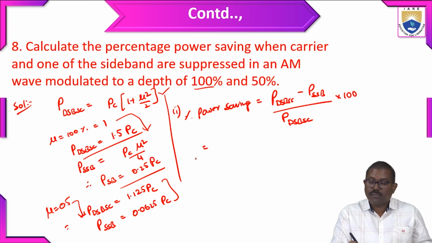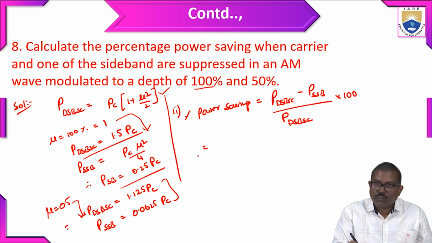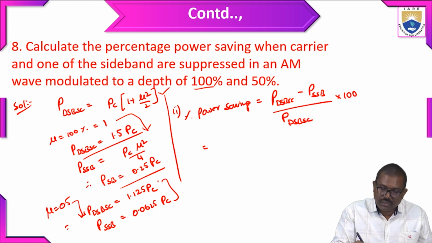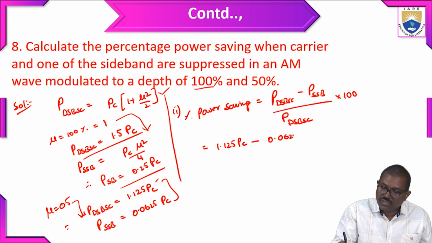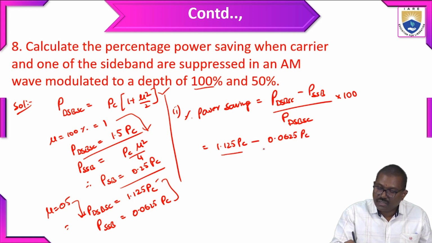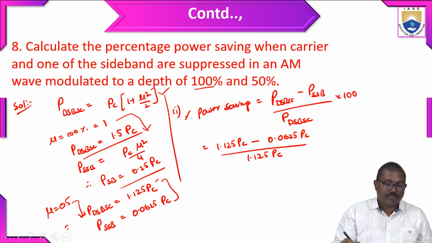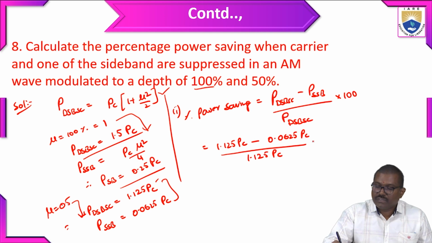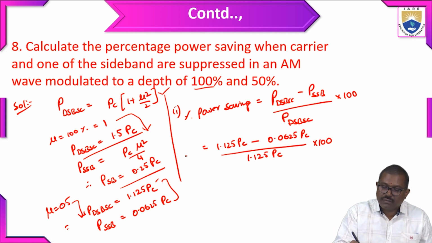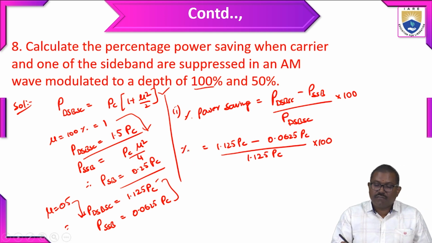So the power of DSB SC is 1.125 PC here we have taken. So this value is 1.125 PC minus 0.0625 PC divided by 1.125 PC, this one, into 100. So this is the percentage of power saving.